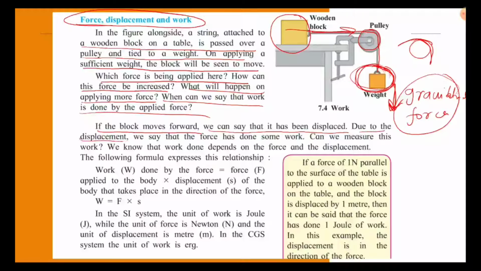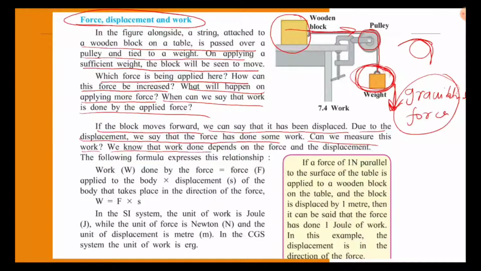Due to the displacement, we say that the force has done some work. So when the force is applied, obviously the body changes its place, so we say that displacement has taken place. When there is an applied force and the displacement has changed, then only can we say that work is done. Can we measure this work?